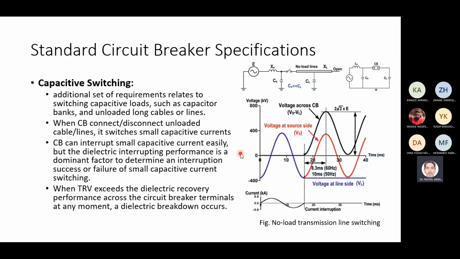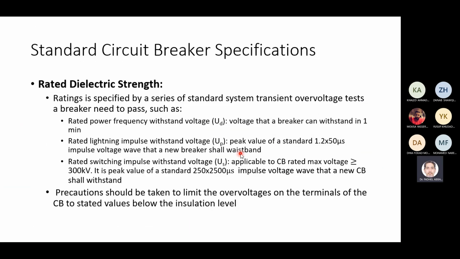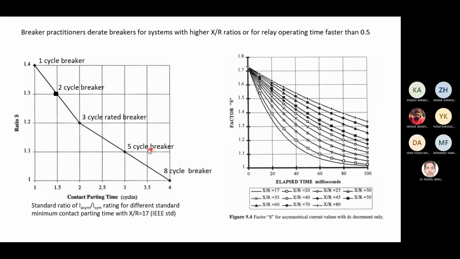We go to the standard: for 5 cycle circuit breakers, the interrupting time will have a 3 cycle contact parting time. So the time for the contacts to part, from receiving a command from the relay until they physically separate, is 3 cycles. Until the fault is cleared, it takes 5 cycles.